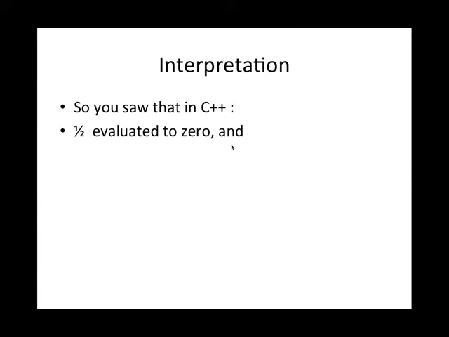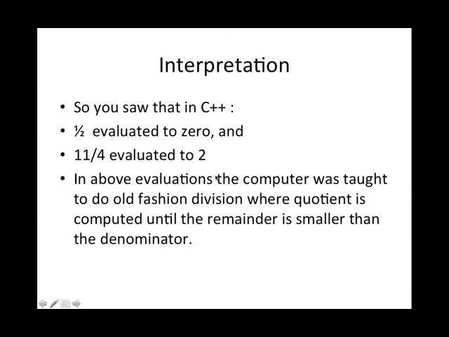So let's interpret what we just saw in the compiler. You saw that in C++, 1 by 2 evaluated to 0, and 11 by 4 evaluated to 2. In the above evaluation, the computer was taught to do old-fashioned longhand division, where the quotient is computed until the remainder is smaller than the denominator.